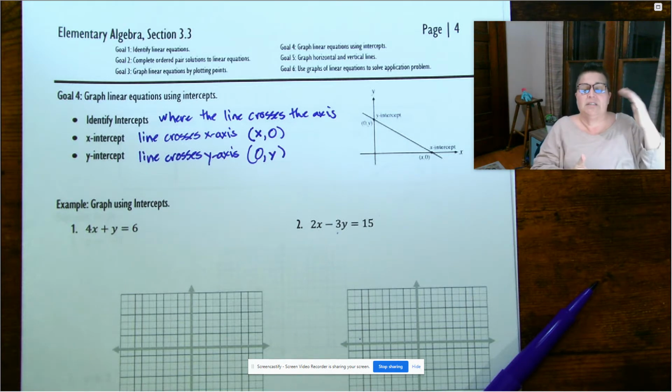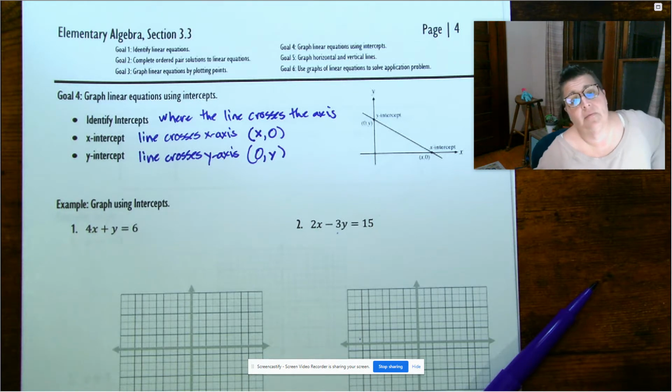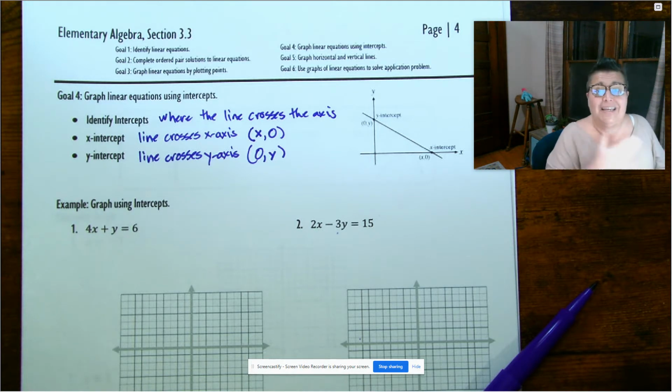So the x-intercept and the y-intercept are unique to each line. So every line has a unique x and y intercept. That means if we can identify those, we have 2 points on the line.